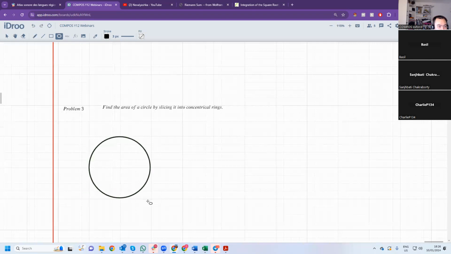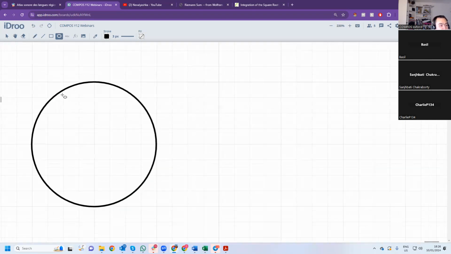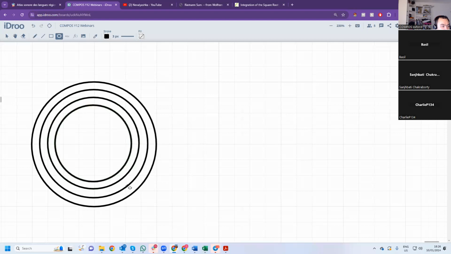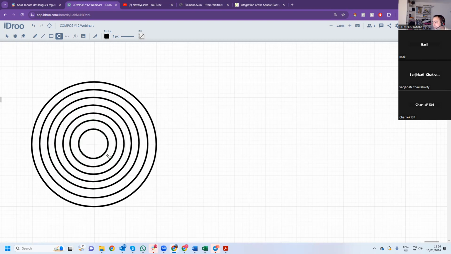We have the same circle of radius r, and we're going to slice it into rings. Isn't that just the neatest set of concentric rings you've ever seen?